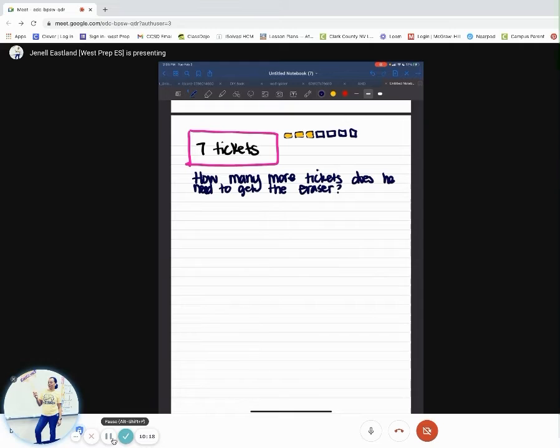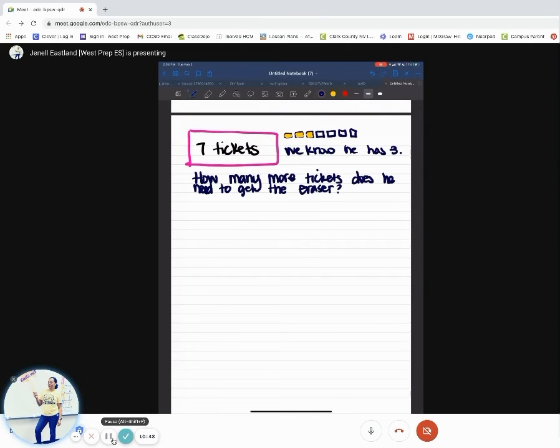What is the first thing that you noticed that I did when I was going to solve this problem? What did I do? The things that we know: he has 3, and we colored those 3.